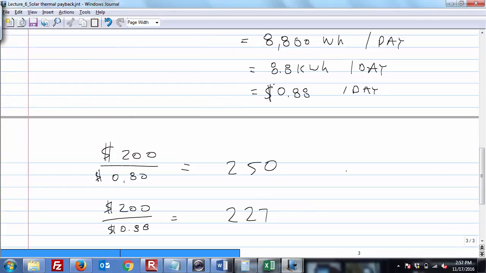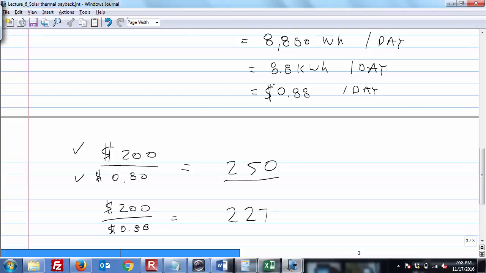Okay, so there's a couple different ways to do this. We know the system costs $200 if we assume that we're not having to run the electricity at all. We've basically said that $200 system is going to offset that 80 cents per day, and it's going to take 250 days to pay back.